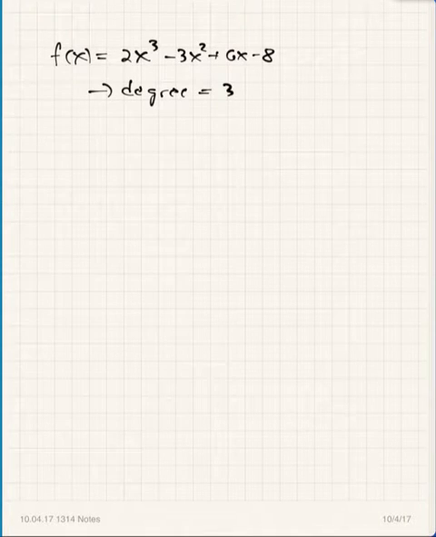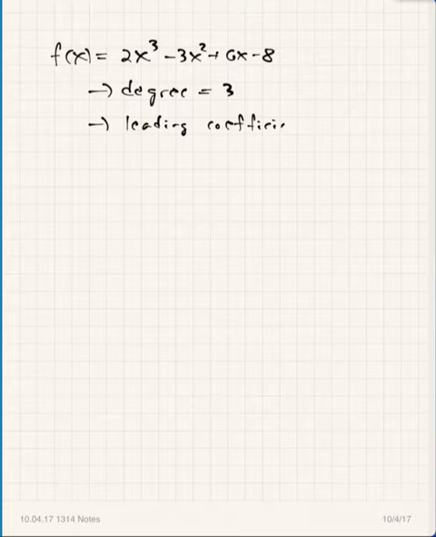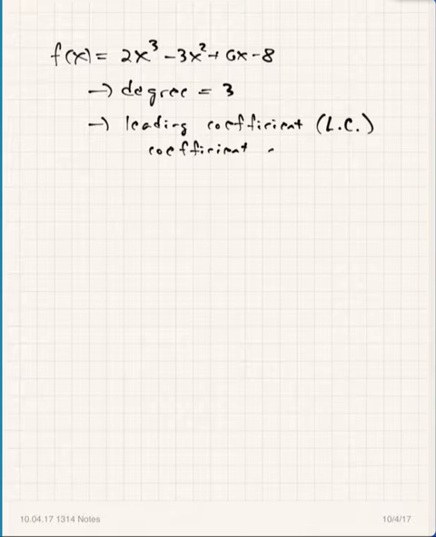And then the leading coefficient is simply the coefficient of the term with the biggest power. So the leading coefficient, and by the way, I'm going to frequently abbreviate leading coefficient with the letters LC, is simply the coefficient of the term with the biggest power on x.